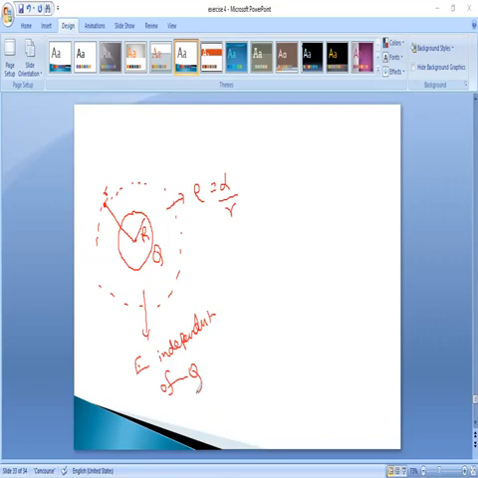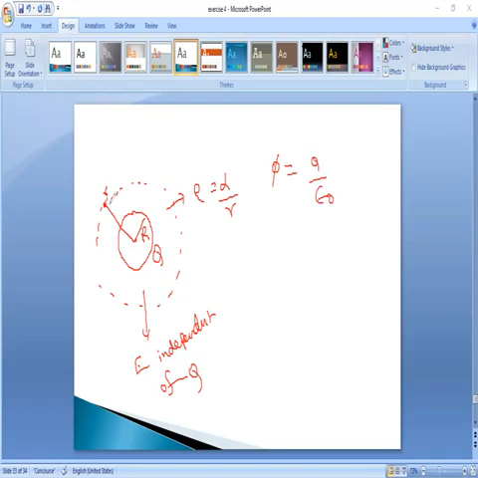Okay, now what is the general formula for flux here? The general formula for flux is nothing but q by epsilon naught, total charge by epsilon naught.